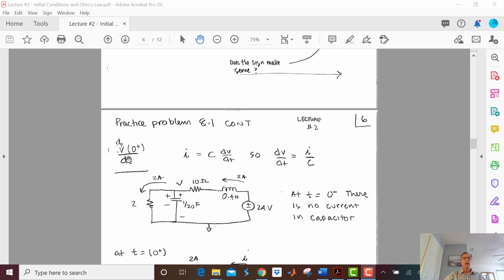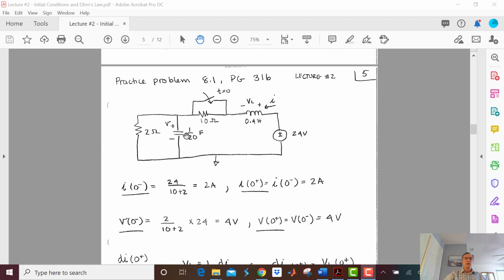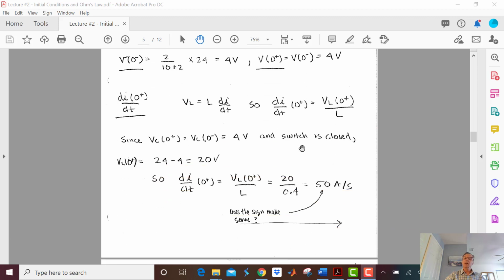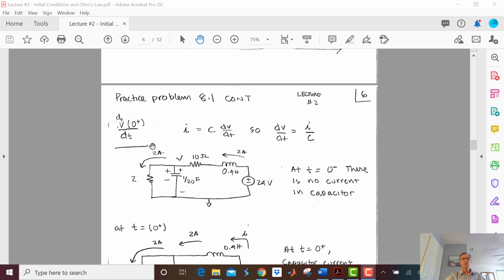Okay, now I want to find dV/dt, or in other words, dV/dt at time equals 0 plus. So it's getting a little complicated, a little harder here.